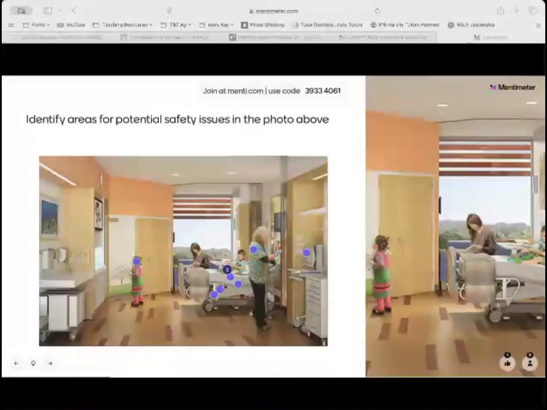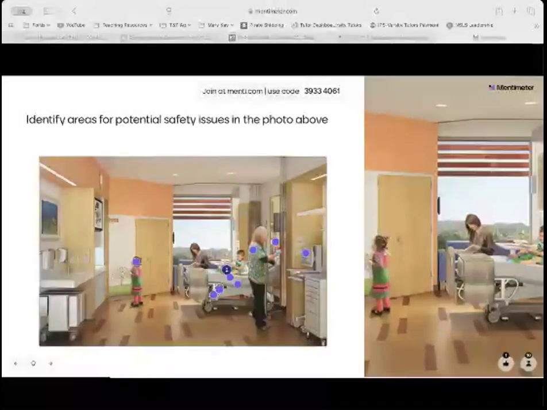Or if we have twins, what happens if we aren't identifying our patients appropriately? We could give the wrong person the medication.